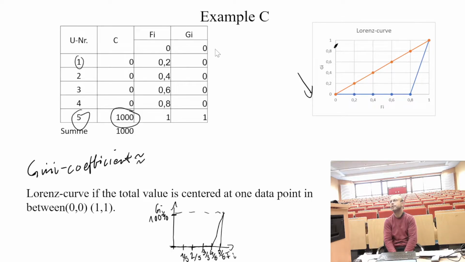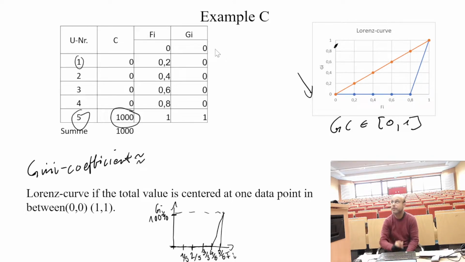The Gini coefficient lies between 0 and 1, of course.